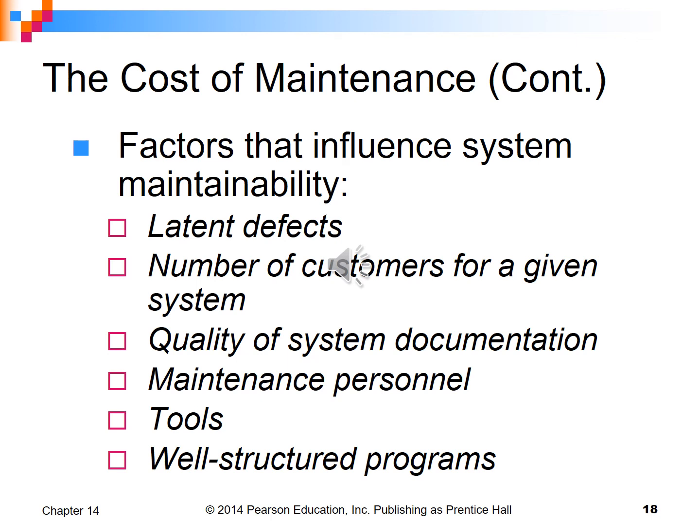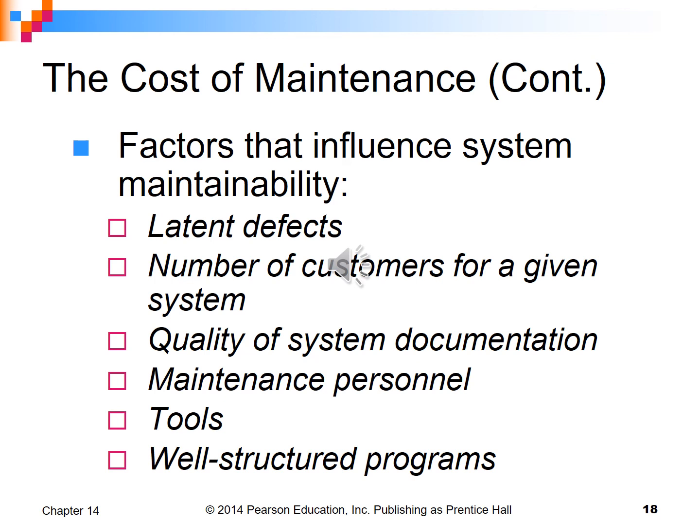Maintenance personnel: if we don't have skilled people doing the maintenance, the person will modify a program wrongly, and will fix one problem but probably create two.